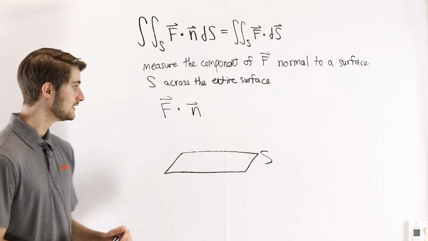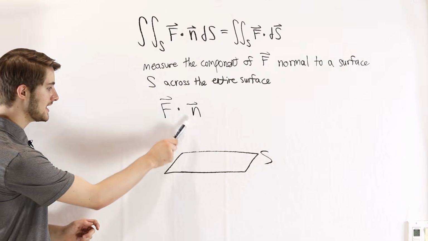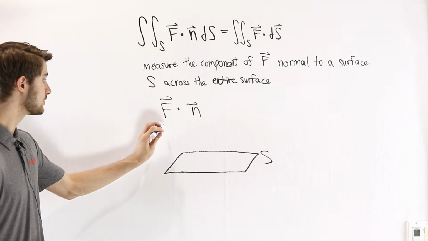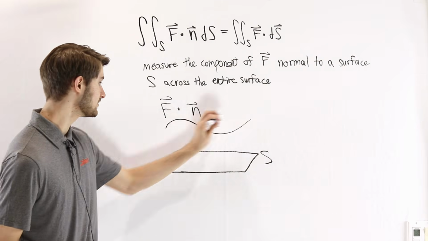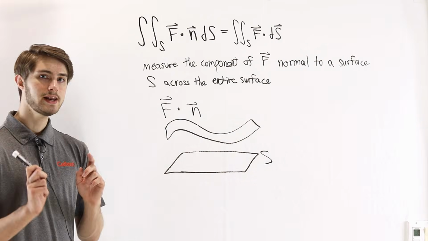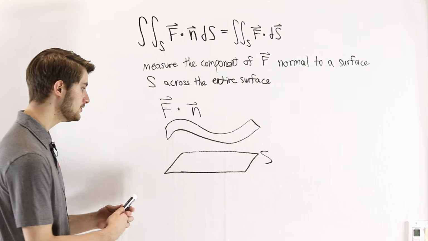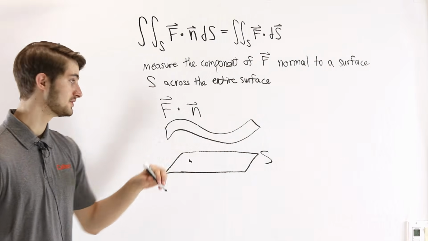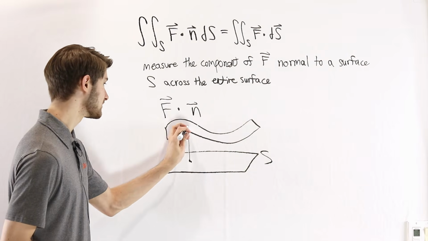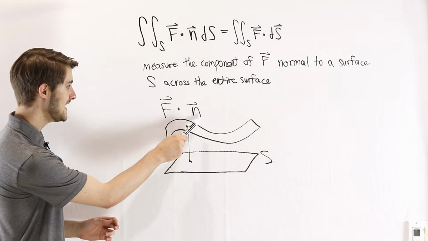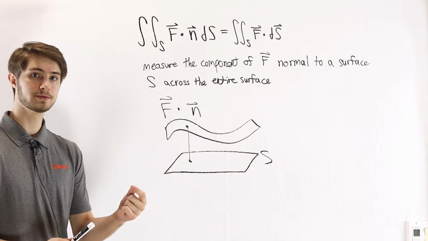In that case, we can take f dot n for every point along this surface, and that's going to correspond to some height above our two-dimensional input region. At every single point on this two-dimensional region, corresponding to some point on the original surface S, the height above that point represents f dot n at that single point.